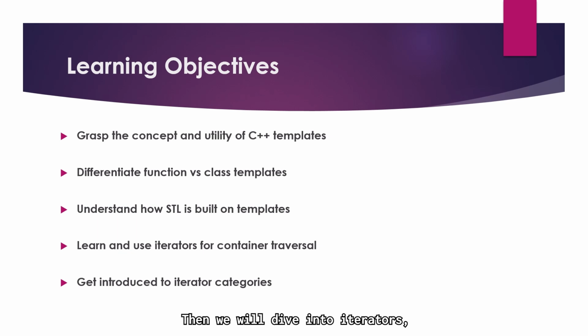Then we will dive into iterators, powerful tools that allow us to navigate through STL containers efficiently. Finally, we will go beyond basic syntax and examine different types of iterators: input, output, forward, bidirectional, and random access. Understanding these categories will make us a more flexible and efficient programmer.